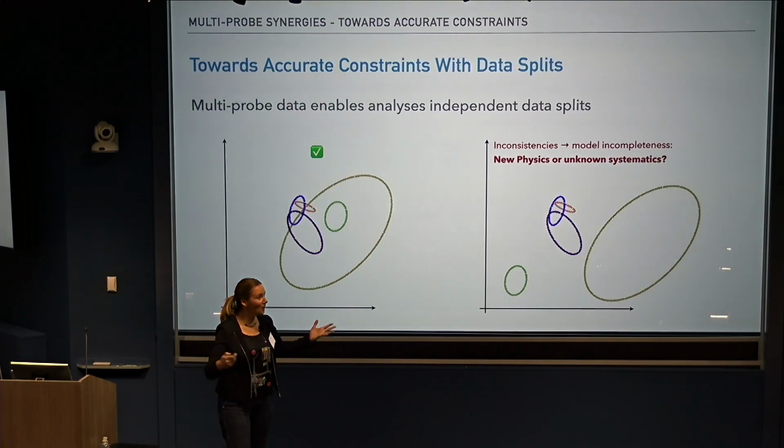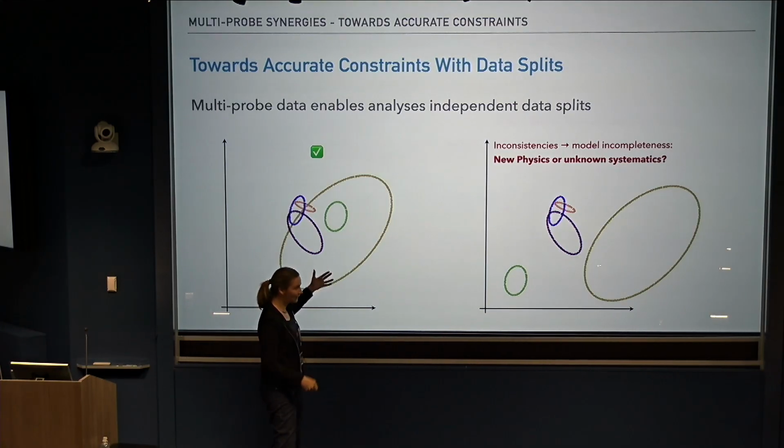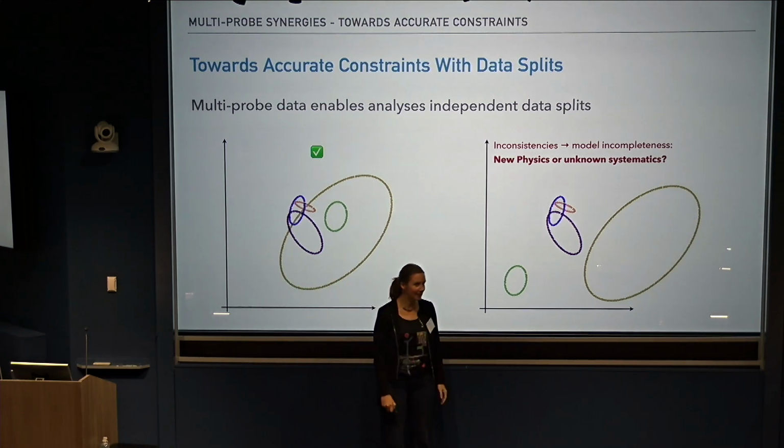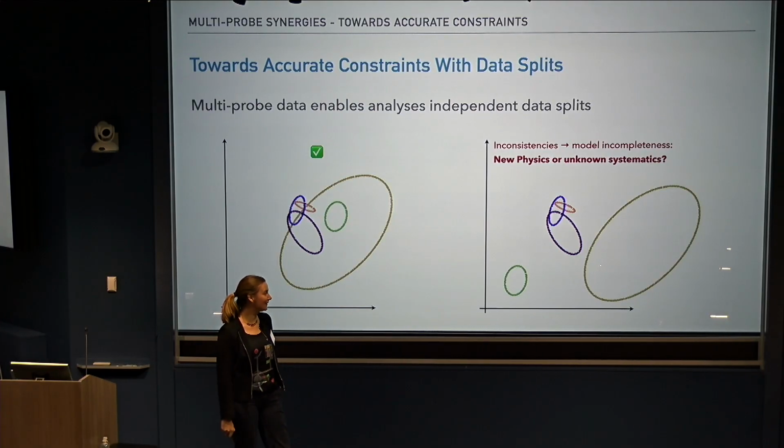Now, that all looks great. Of course, the idea then is that if we have these consistent results, we can combine them to obtain tighter error bars. But at times, we may also end up in situations like this and have to ask ourselves, well, have we found new physics? Is our model truly incomplete, or is it just unknown systematics?